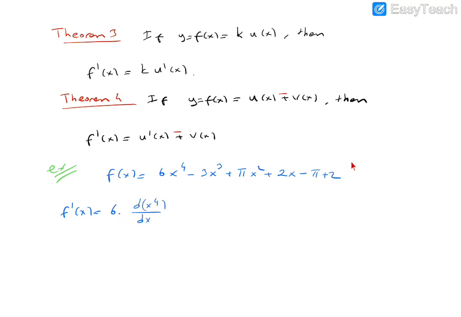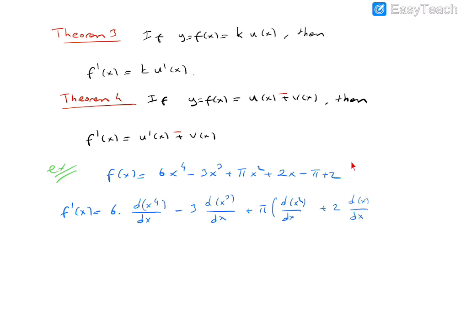And by using the difference rule, minus 3, a constant factor, times the derivative of x cubed, plus pi times the derivative of x squared, and plus 2 times the derivative of x with respect to x.